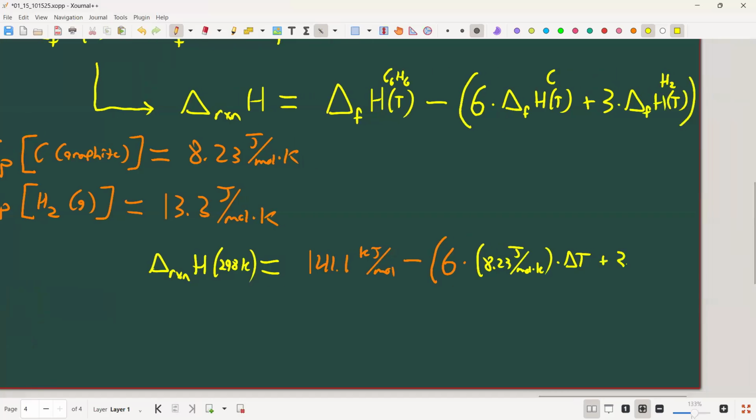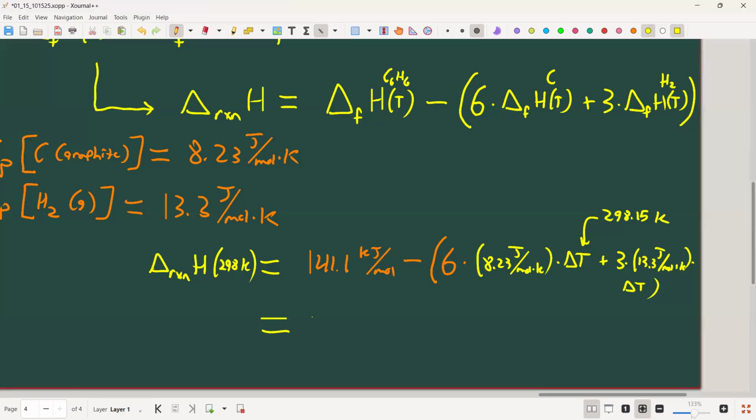times 298 delta T. I'll just write delta T for now, and we'll fix it up later. And then 3 times 13.3 joules per mole Kelvin times delta T. Right. And remember, delta T is just 298.15 because we're coming from 0. Right. So those are all positive numbers, so that means that the actual enthalpy of the reaction, accounting for the reactants, is going to be smaller than we had before.